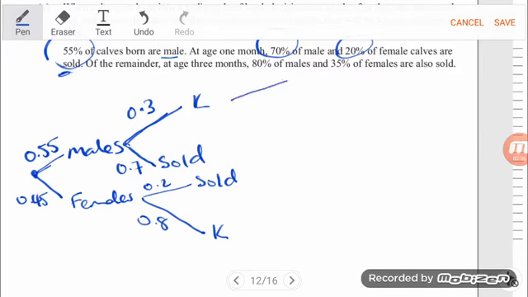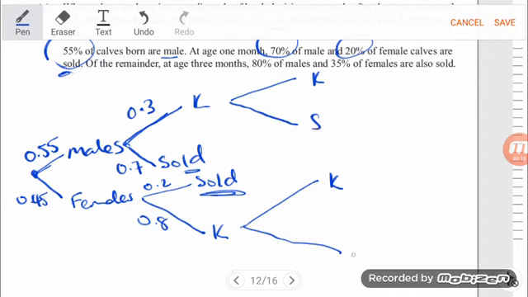Okay, at the 3-month mark, once these ones are sold, they're gone. We don't need to worry about them anymore. Kept and kept, sold and sold.